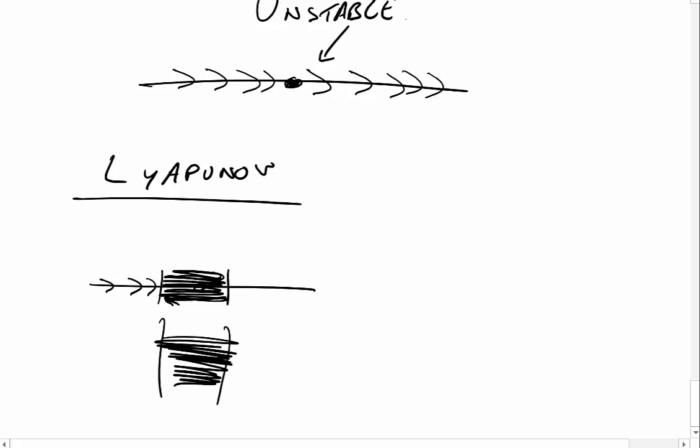Because you're so close to the equilibrium point, you basically say, you're basically at the equilibrium point. So we're going to call that Lyapunov stable.